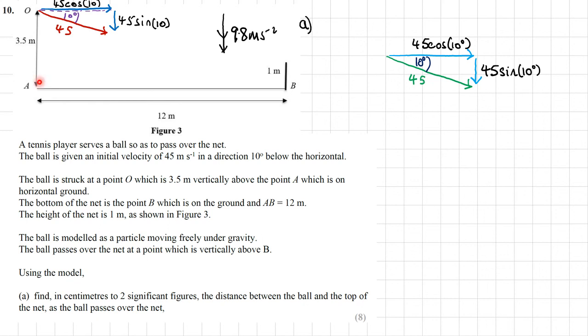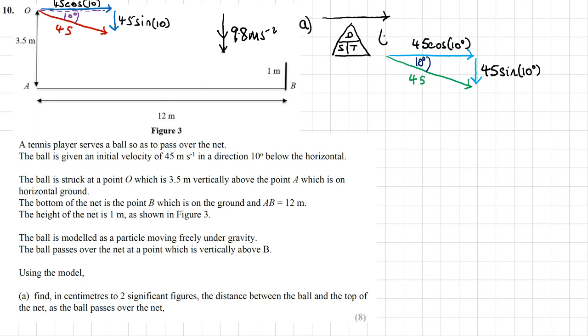Now basically what I want to do is to find how much the ball drops in the time it takes for the ball to travel 12 meters horizontally. So we're going to work out that time. Horizontally the speed is constant, so speed, distance and time.